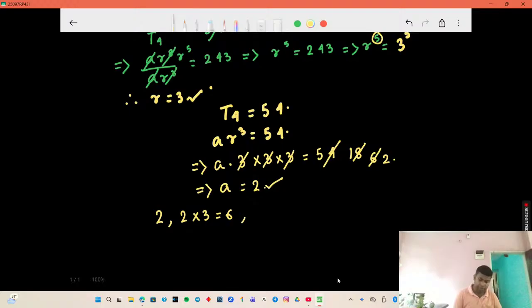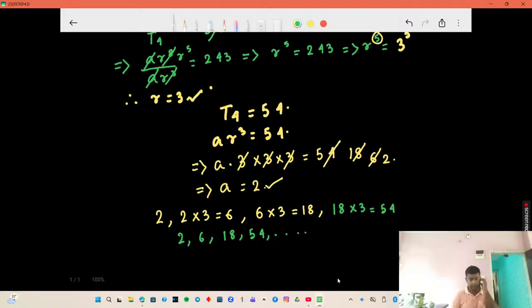The third term will be 6 into 3 is equal to 18, and the fourth term will be 18 into 3, it will be 54. So here the GP formed will be 2, 6, 18, 54, and so on. Is it clear to you?